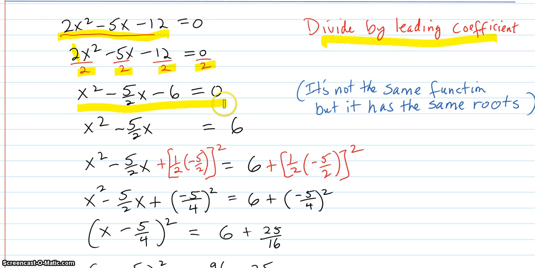So here's your result. Now this function is not the same function as the original because it's off by a factor of 2, but it does cross the x-axis at the same place, and therefore it has the same roots. So it still has the same solutions as the original did.